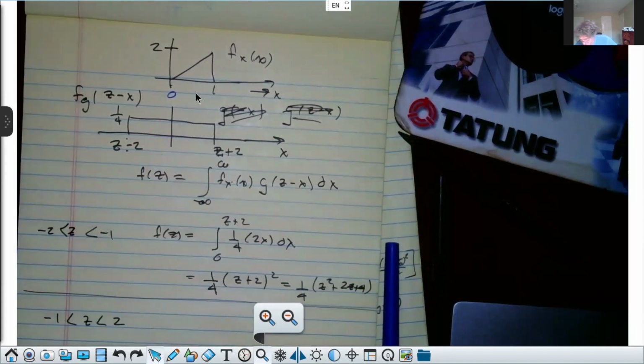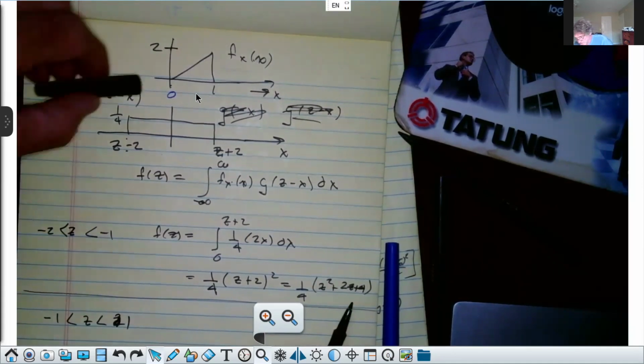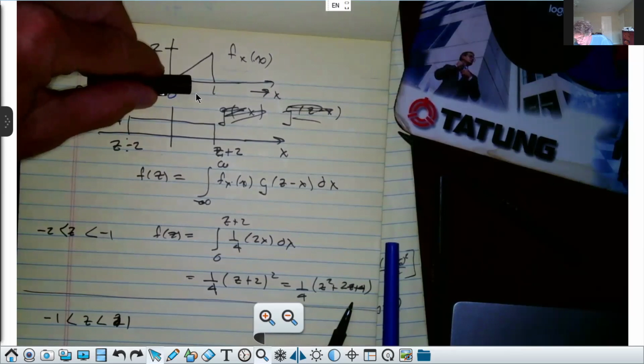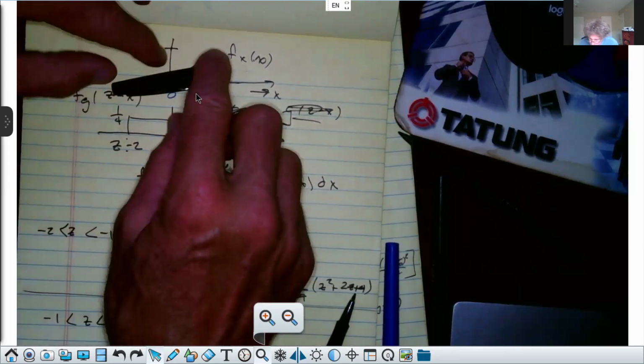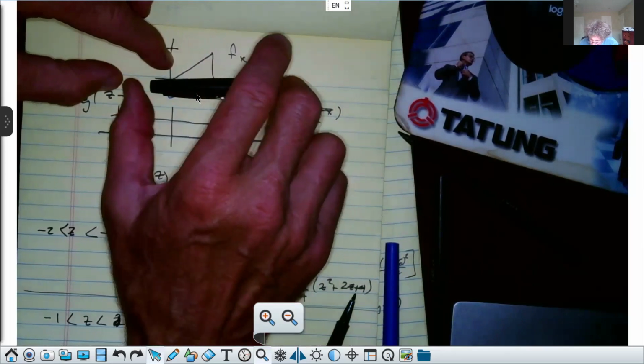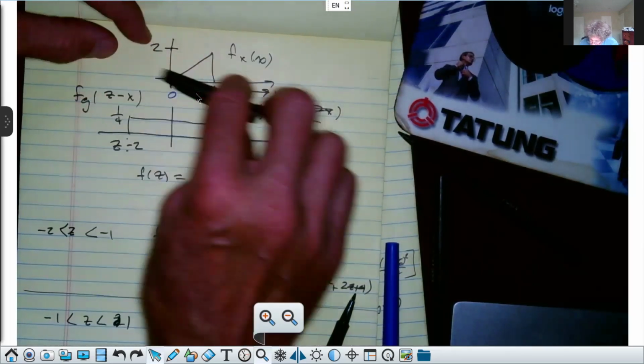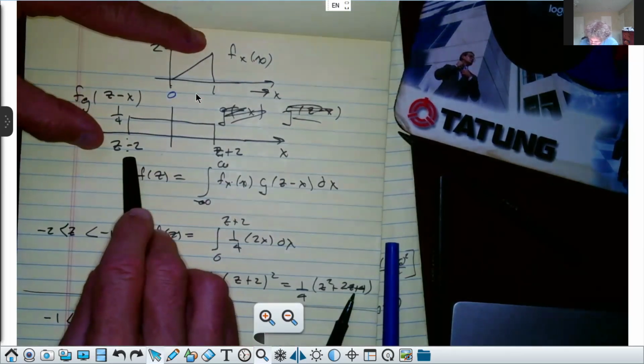And actually this should be 0 to 1, I believe, because this is where it is at -2. That would be -1. When z minus 2 is equal to 0, z is 2.